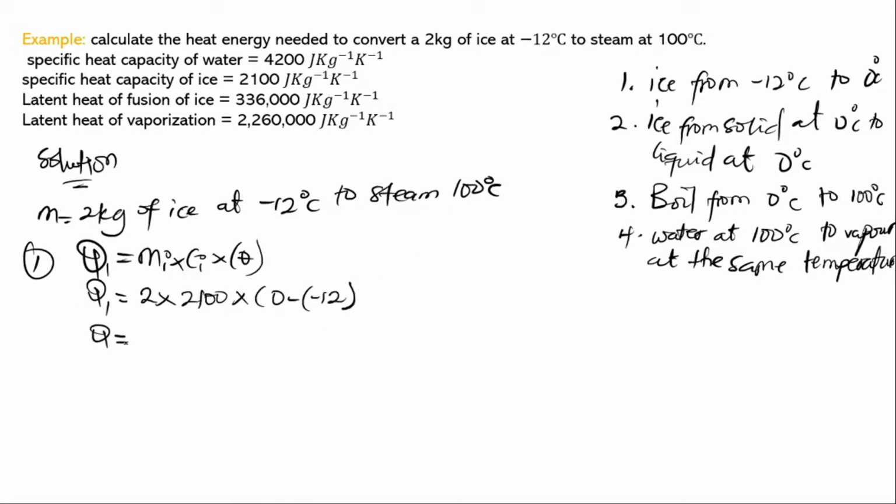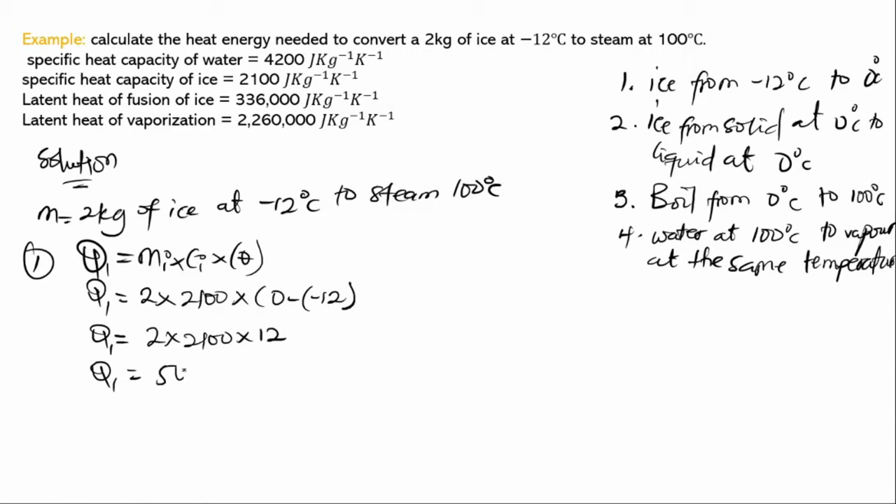So our heat energy becomes 2 multiplied by 2,100 multiplied by this becomes positive 12. So the heat energy needed to convert the ice from negative 12 degrees Celsius to 0 degrees Celsius is the product of 2 multiplied by 2,100 by 12, and that will give us what?